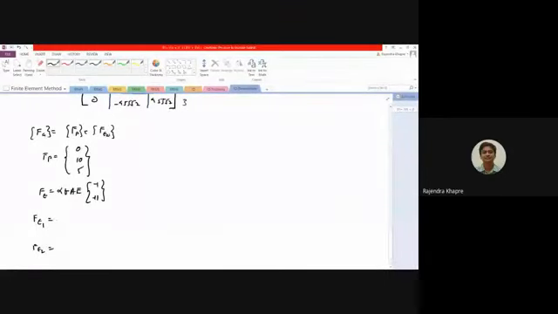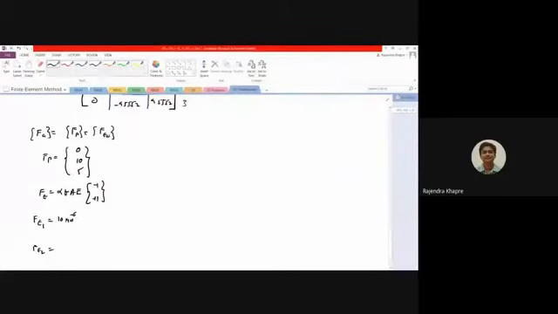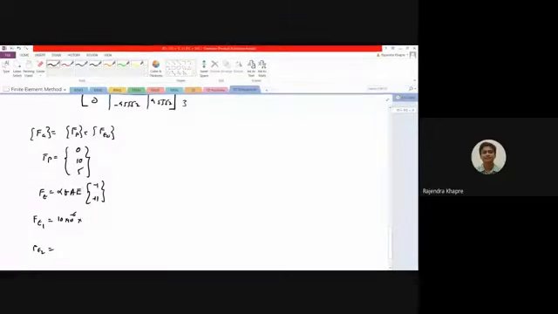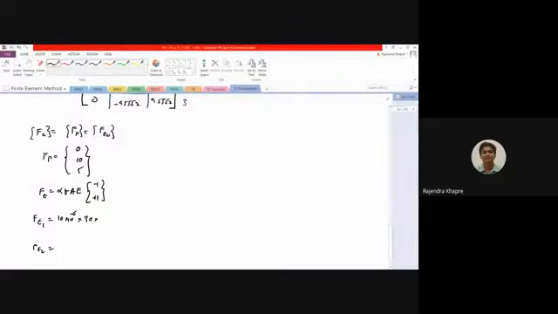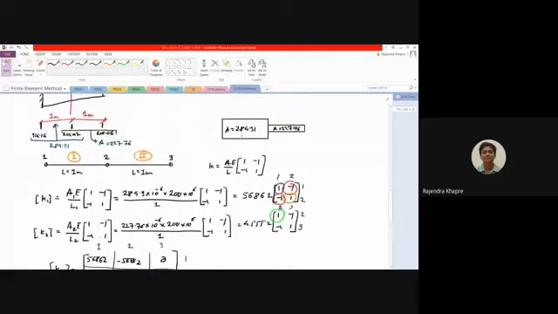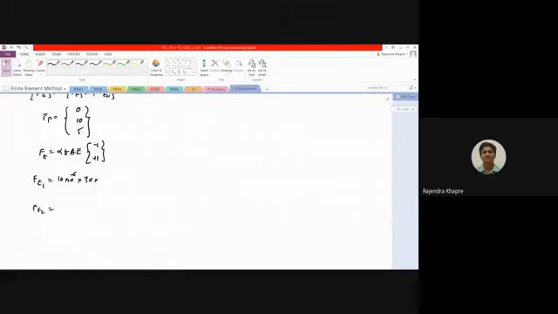You already have the value of alpha t, isn't it? The alpha t value is 10 into 10 to the power minus 6 per degree centigrade. The rise in temperature is given to you, that is 30, and this will be the area of the first element. The area of the first element we have calculated as 284.31.